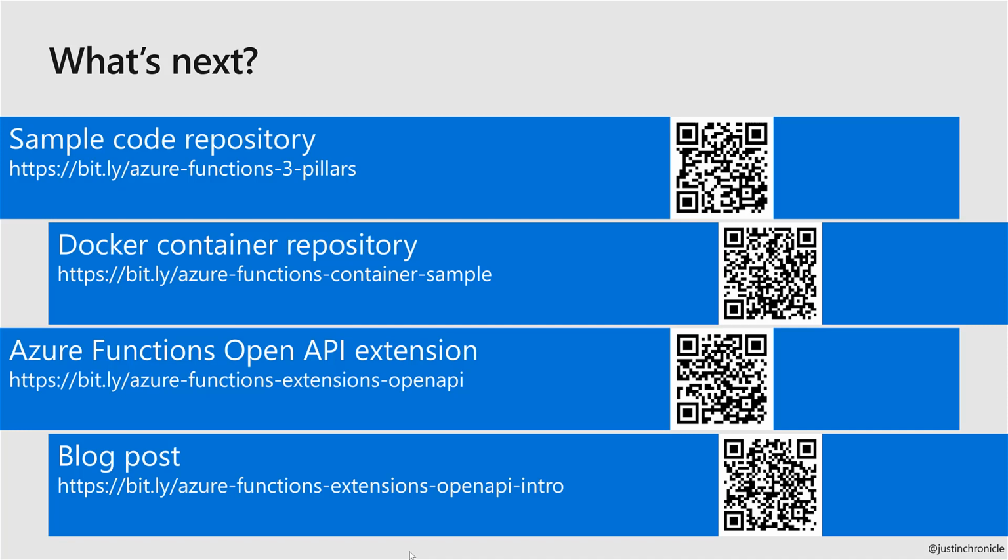If you want to run the Docker container by yourself, the Docker container repository is the one to visit. The third one is the OpenAPI extension library on GitHub, and I have written a blog post around this. If you are interested, visit those.